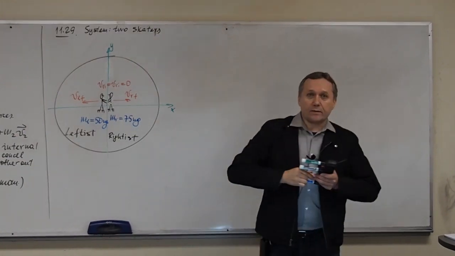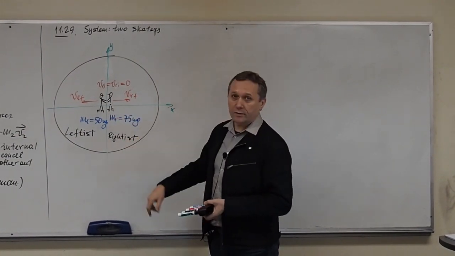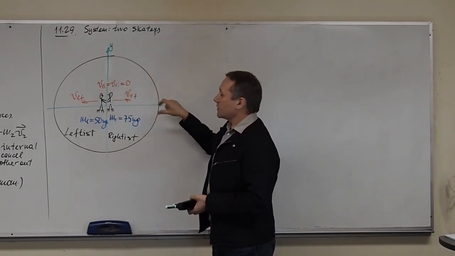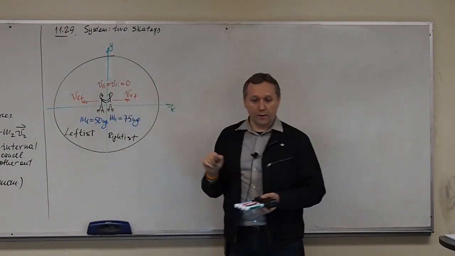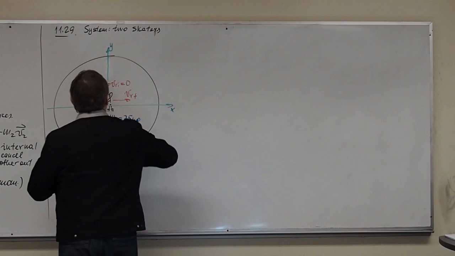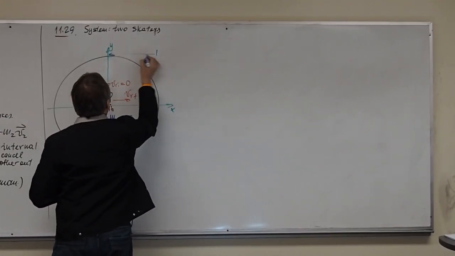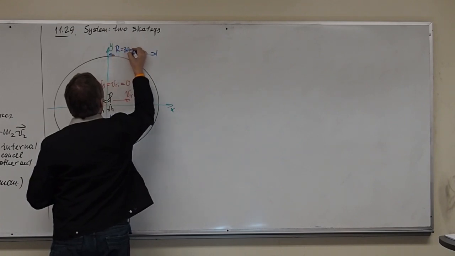Then, as I said, there is another piece of information: this person, the heaviest, the rightist, takes 20 seconds to reach the edge of the ring. Basically, he covers the radius, this distance. So this is R, and it's given as 30 meters.